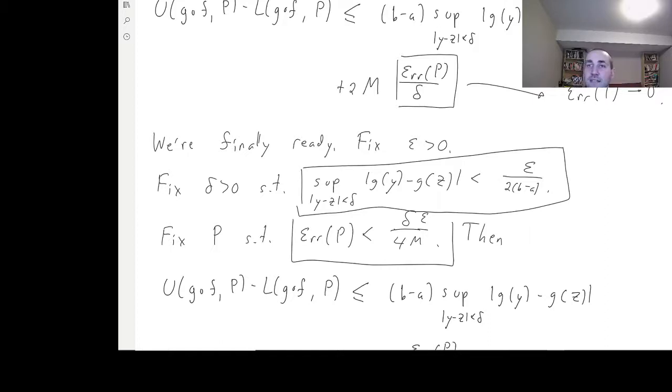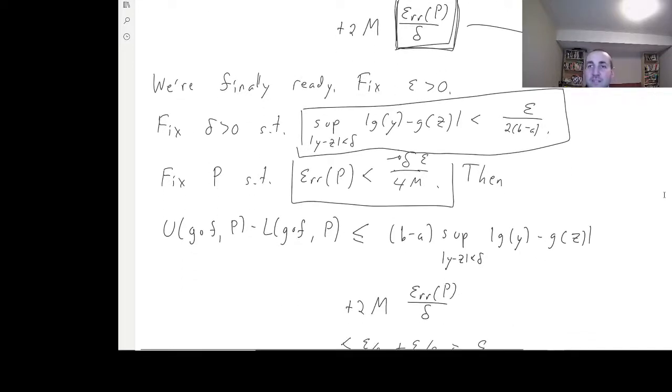And I can do that because f itself is integrable, so I can find a partition with arbitrarily small error. And the thing to point out here, which is sort of nice, is that, hey, look, error of p depended on delta, and that's totally allowed, right? I fixed epsilon first, then I chose my delta, then I chose my p. I'm allowed to do it in that order, and indeed, if you look at this error term, we better do it in that order to have any hope of getting an estimate that's going to work out.